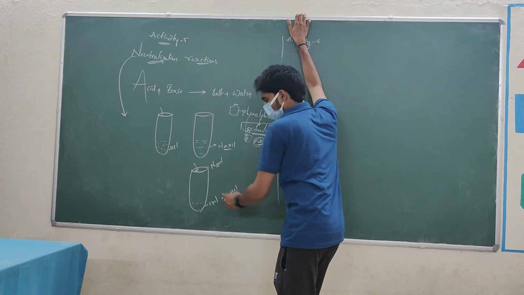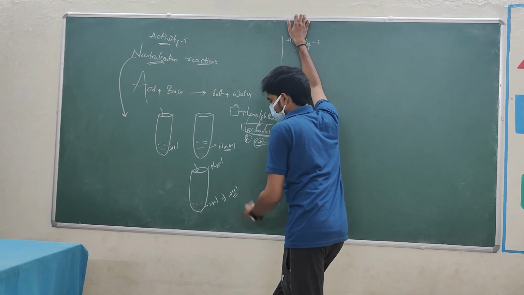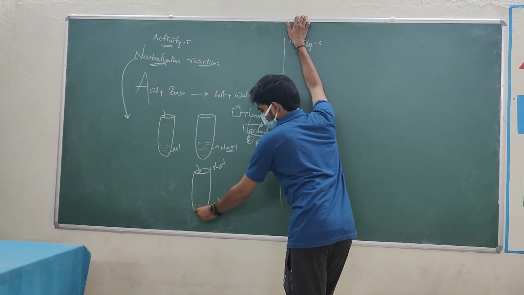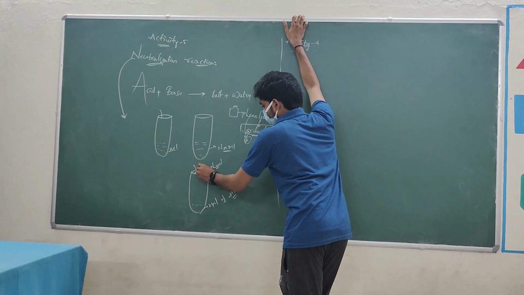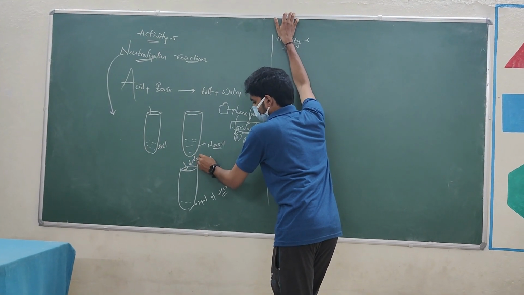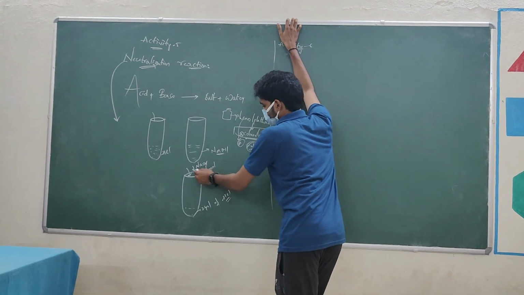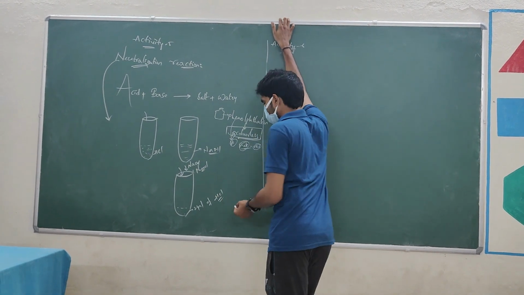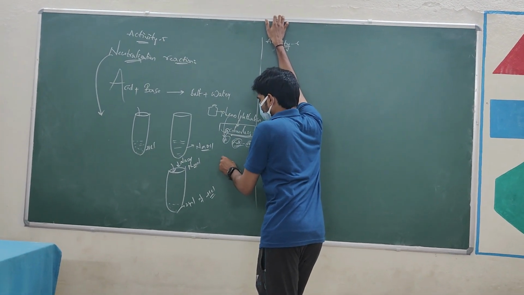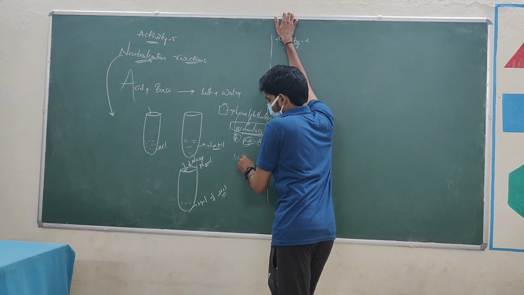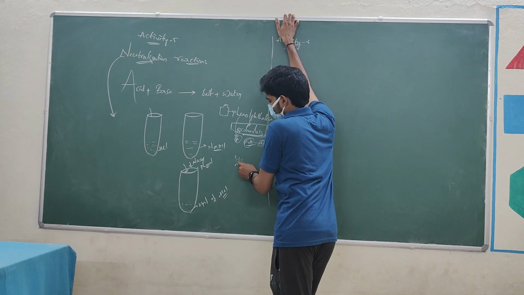Now here what we do is a little interesting. We are going to add NaOH drop by drop to this HCl, which means 1, 2, up to more than 2 ml.